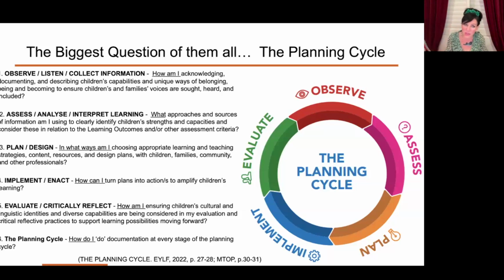Again, how can I turn plans into action? So what did I see there? What am I going to plan from that? I did notice this, so therefore that becomes my plan. How am I ensuring children's cultural and linguistic and diverse capabilities are being considered? So then you might think to yourself, well, I'm going to have a look at my environment and go, I notice these children get access to that. These children play a lot with that, but they don't seem to crisscross.